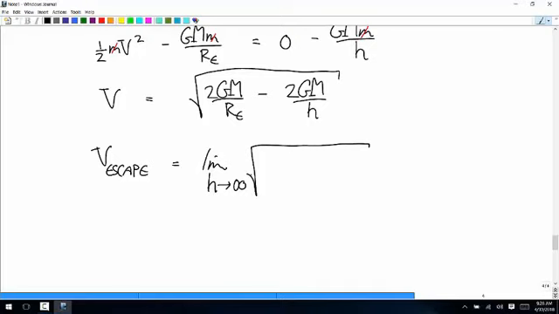R_E is the radius of the Earth, and h is a general distance from the center of mass of the Earth to the object. So in the first instant, it's R_E because it starts on the surface. Yep. That's right. Okay, so what's the limit of that square root as h goes to infinity?